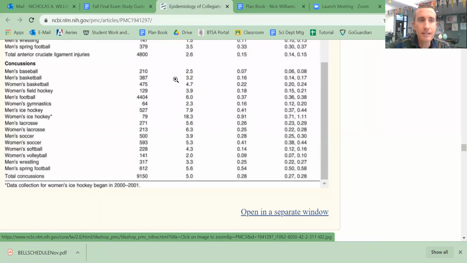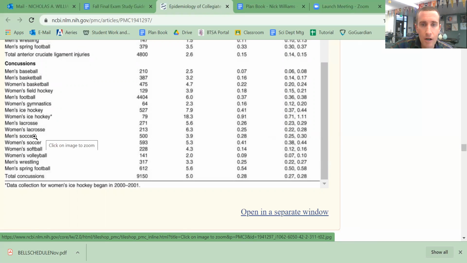And then concussions. Let's focus on concussions because this is a pretty interesting one and people are concerned about concussions right now. So looking at lacrosse and soccer, I see for lacrosse, men's lacrosse and women's lacrosse have a very similar concussion rate, 0.26 and 0.25.